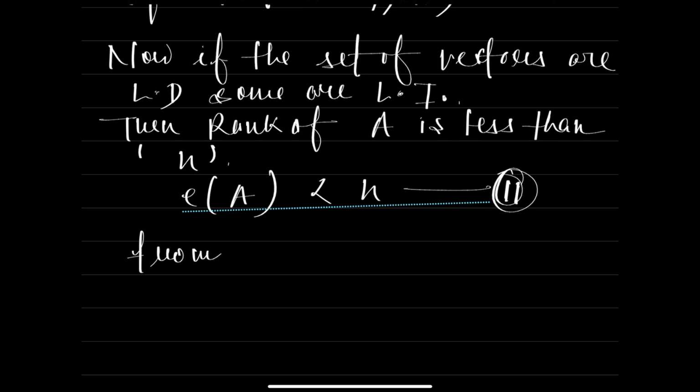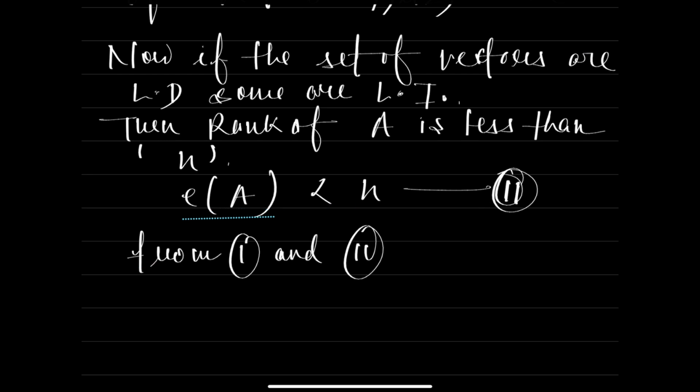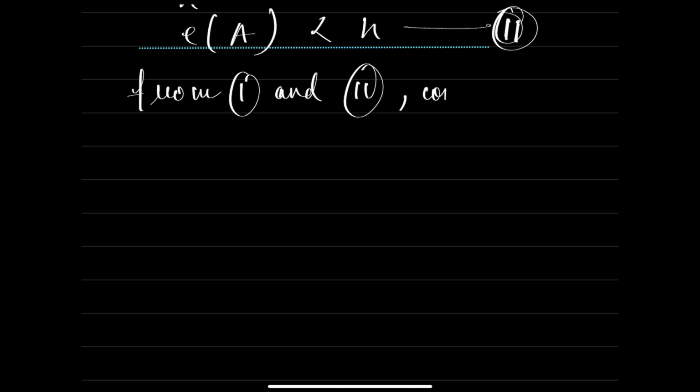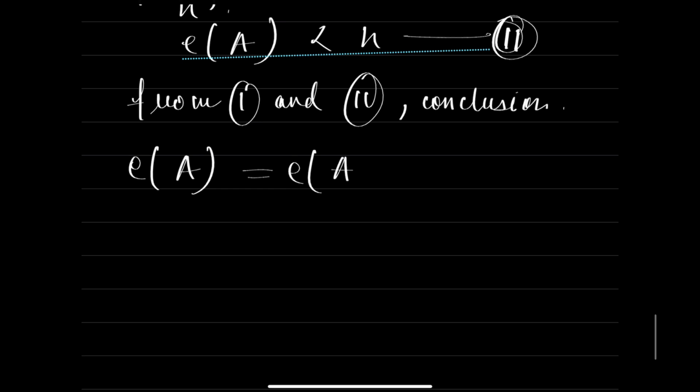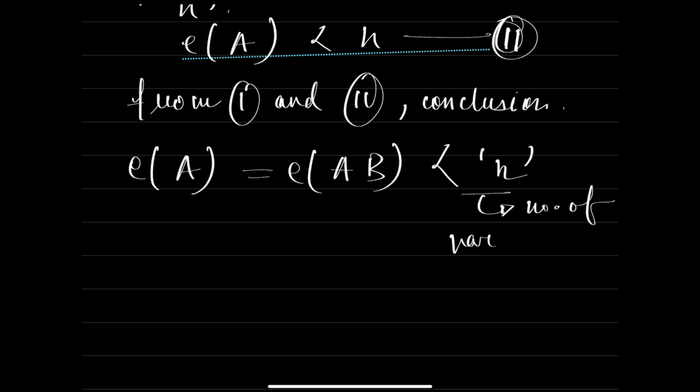Now from equation 1 and equation 2, we can make the conclusion that rank of A is equal to rank of augmented matrix AB, which is less than n, the number of variables.